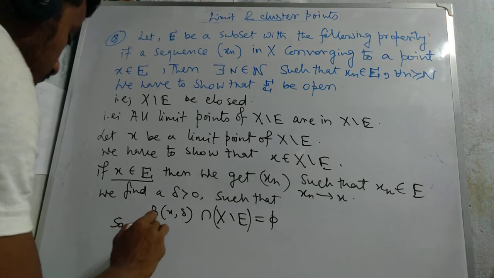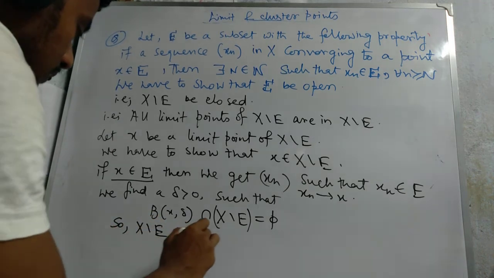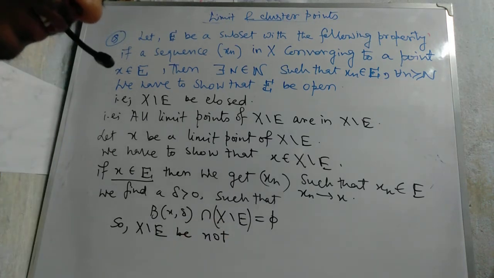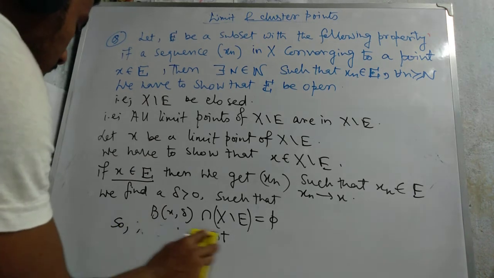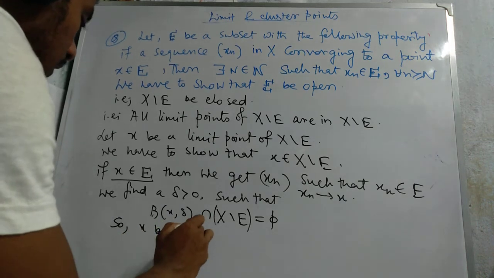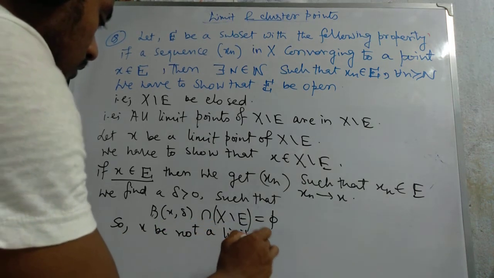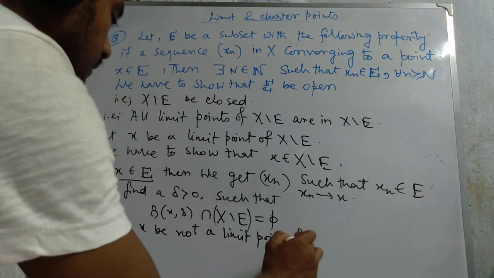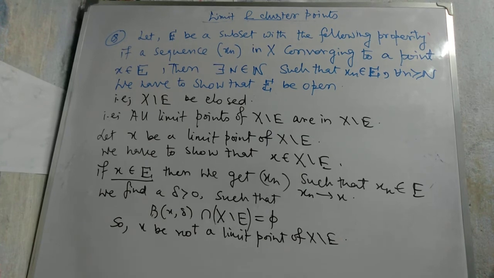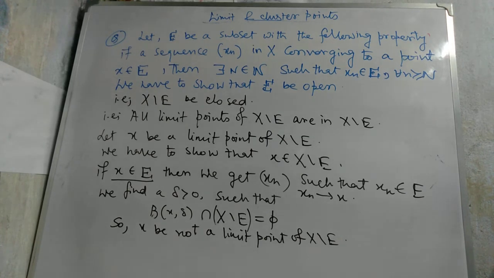So x is not a limit point of X difference E, because we choose a delta such that V(x, delta) intersection X difference E is equal to the empty set.